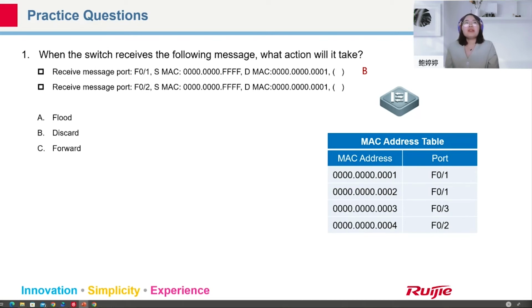The second one: we receive the message from the second interface, the source MAC address is F, and the destination MAC address is 1. So what's the action? C, forward.